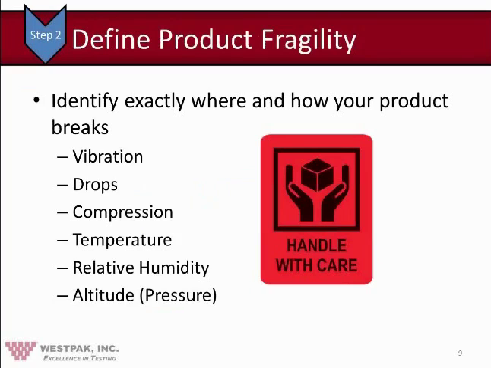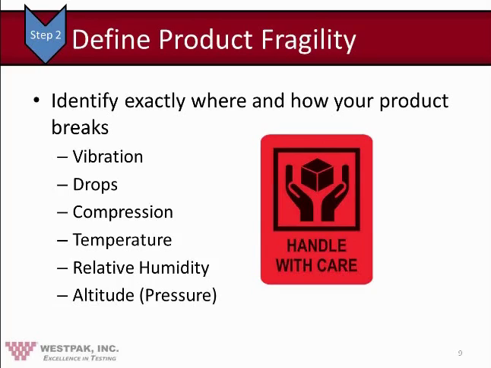Step 2. The second step is to identify the sensitivities of the product. We don't want to limit it to just a few things. We want to know whatever the product is sensitive to. So we want to identify where and how the product fails in terms of inputs such as vibration, which is considered to be continuous, drops, which are considered to be discrete events, temperature and humidity, again, events that come and go, compression, top load compression normally, and altitude or pressure differentials, also part of the distribution or shipping environment.